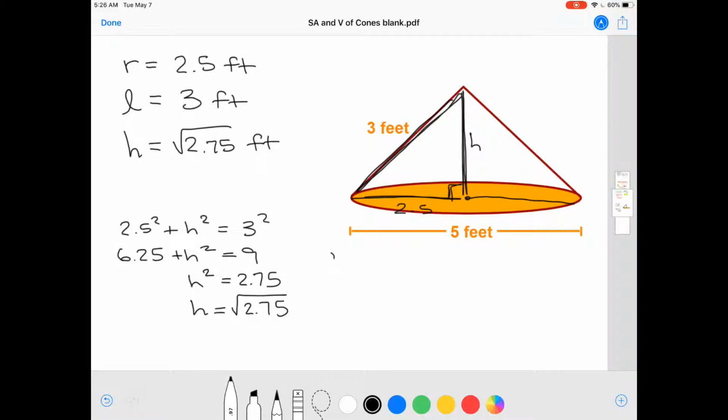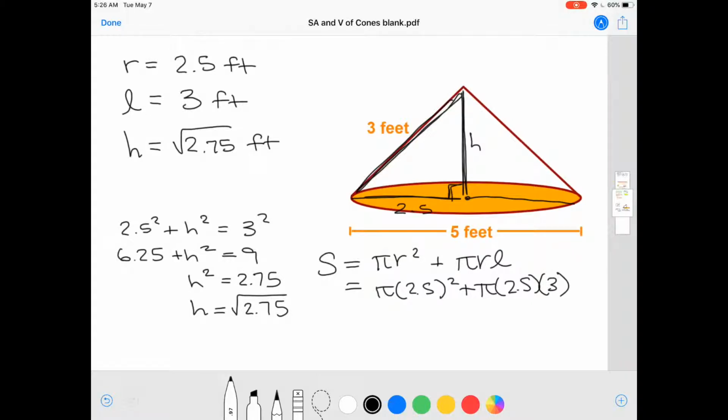Let's do this. So surface area of a cone. We've got the bottom, pi r squared, and the sides, pi r L. So pi times 2.5 squared plus pi times 2.5 times 3.